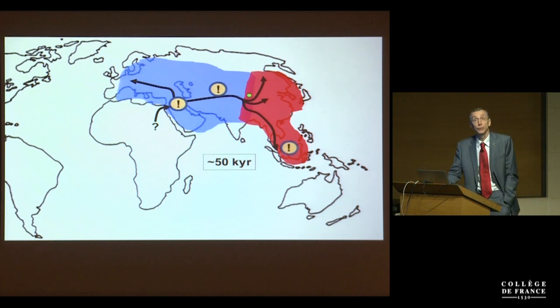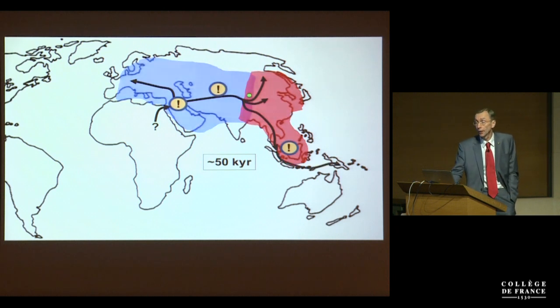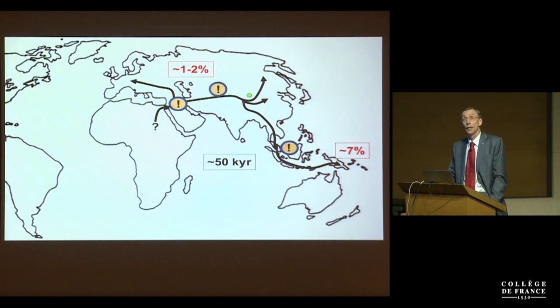There is mixture with Denisovans, presumably somewhere in Southeast Asia. People continue out in the Pacific. These other forms become extinct, but then live on, if you like, a little bit in that 1 to 2% Neanderthal DNA, and on top of that, something like 5% in the Pacific.